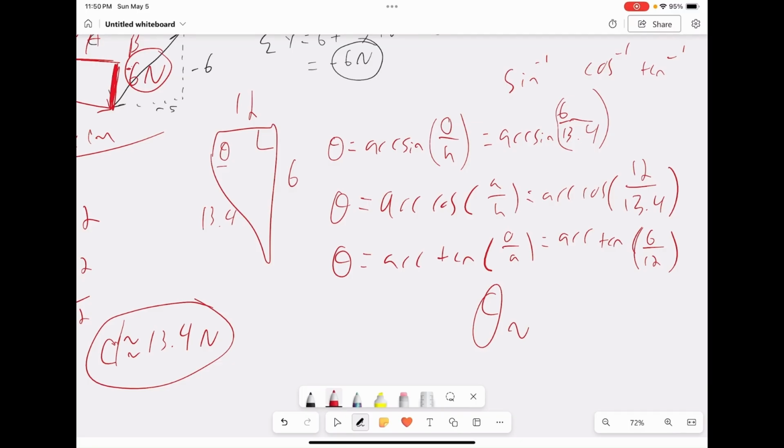Theta is about 26.6 degrees. Okay, that is how we solve that problem. Good job.